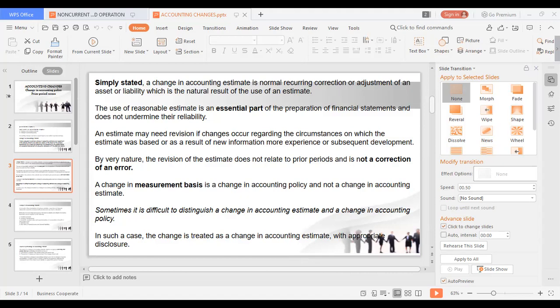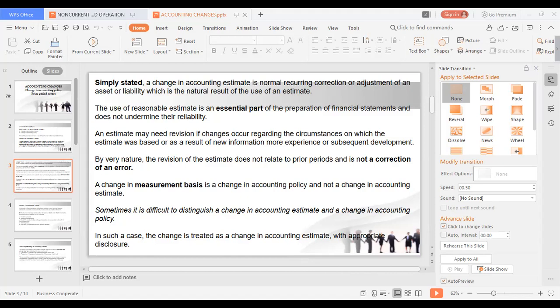So the remaining life is 8 years. So based on the carrying amount of 2,560,000, we have to deduct the residual value of 480,000. Then the depreciable amount is 2,080,000. And we divide it by a period of 8 years.